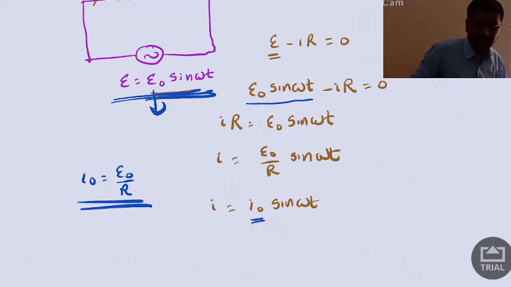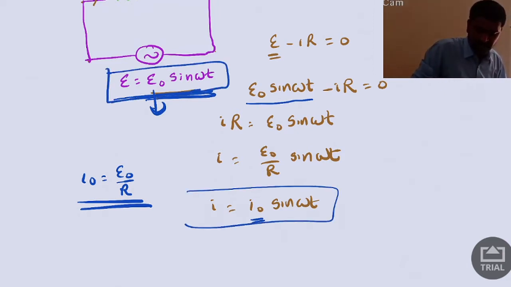Similarly, you will get current also. The maximum value of current is I0, the minimum value of current is minus I0, and both follow the same function. So E is E0 sin omega t, I is also I0 sin omega t, with different magnitudes.